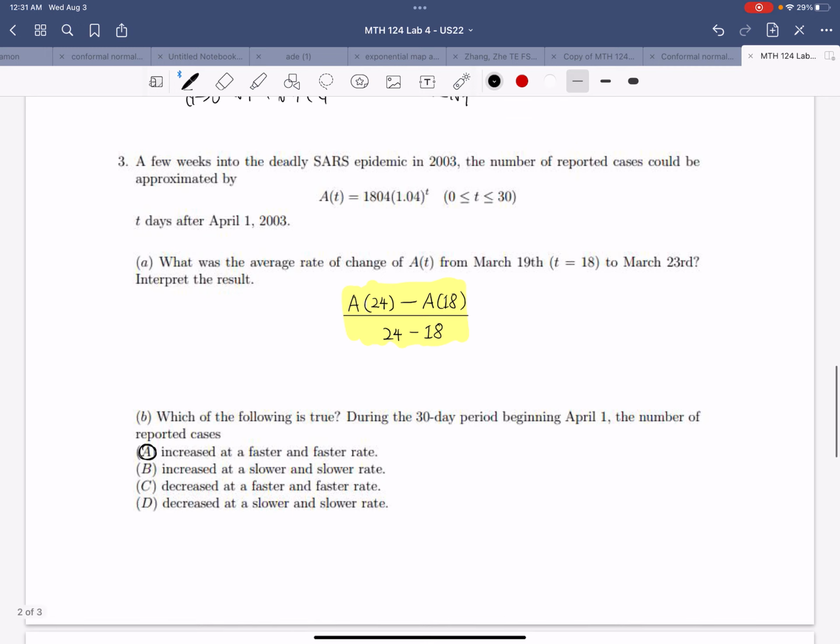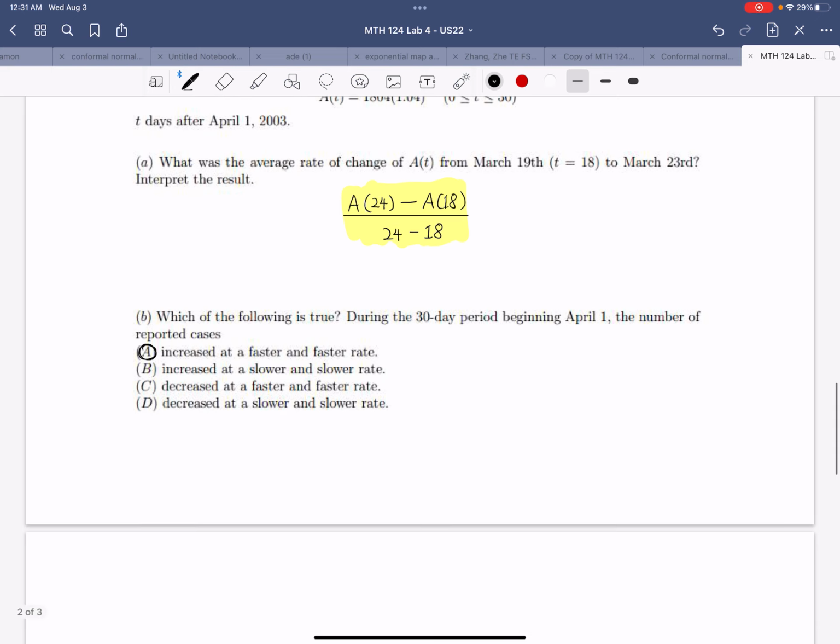Because this is an increasing exponential function, its derivative will grow faster and faster, right? If you draw the graph, the slope becomes more and more vertical. That means the instantaneous rate of change is increasing, right?